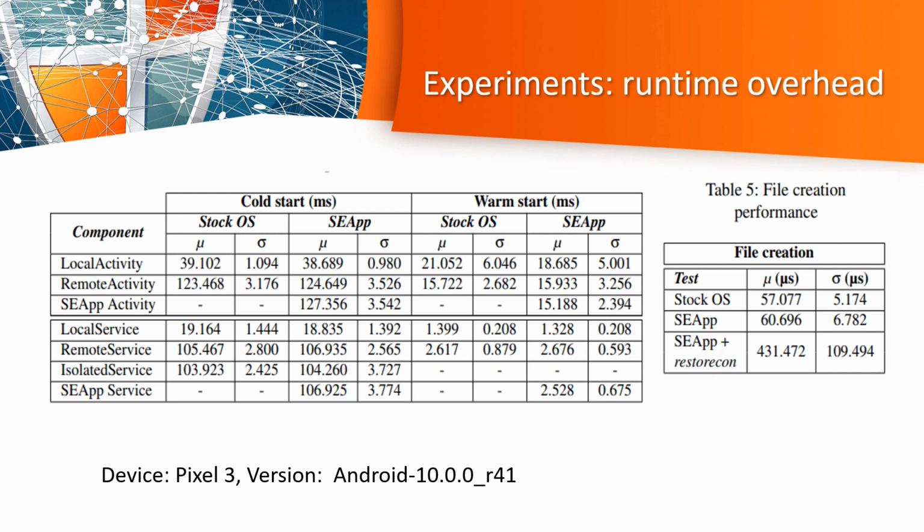It also proves to outperform the isolated service, as the isolated process option forces the creation of a new process every time an isolated service that was previously unbound is activated. This introduces a slowdown compared to the ACApp service warm start, which instead benefits from the system caching mechanism.